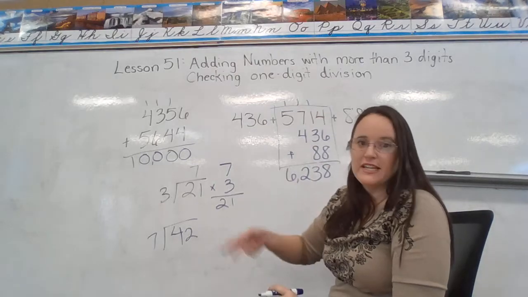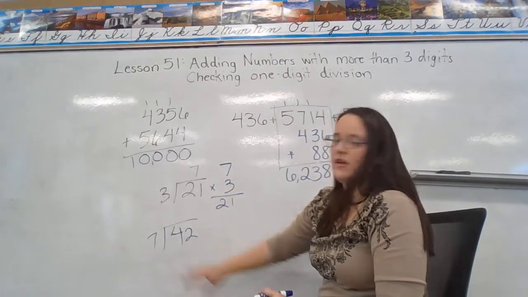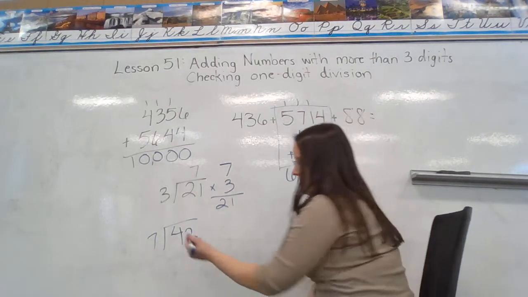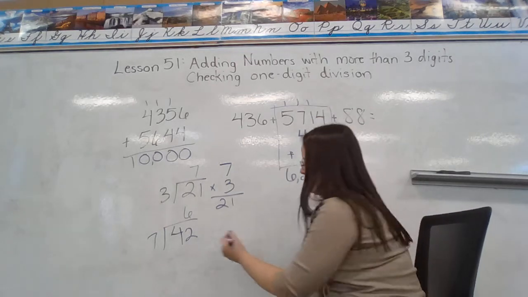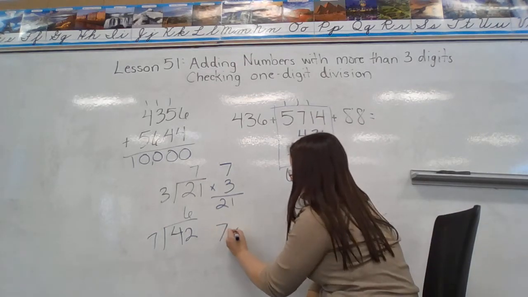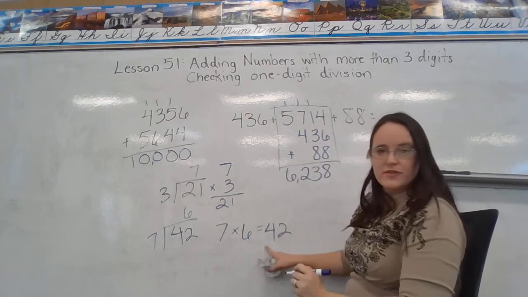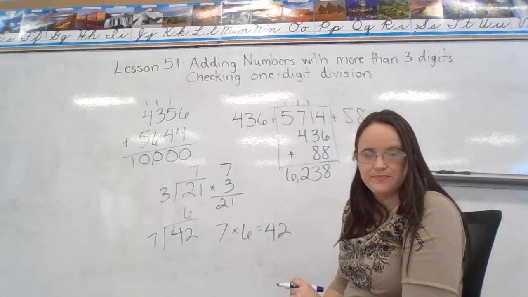You could have flip-flopped it and done 3 times 7 as well. It's the same thing. Okay, what about 42 divided by 7? I know that that one's 6, but what I want to see on your paper is that you wrote 7 times 6 equals 42, so that you checked your answer for this one as well.